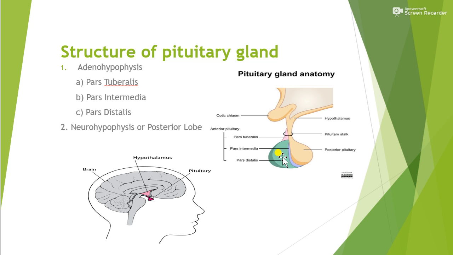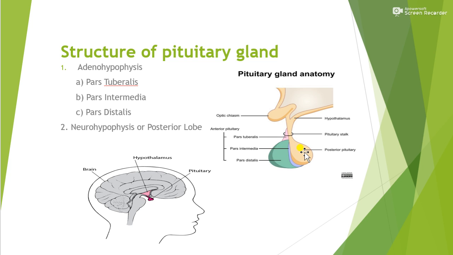These are said to constitute about 40, 10, and 50% of anterior lobe cells respectively. This is about the adenohypophysis.